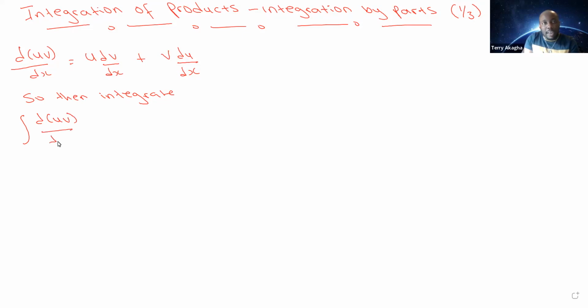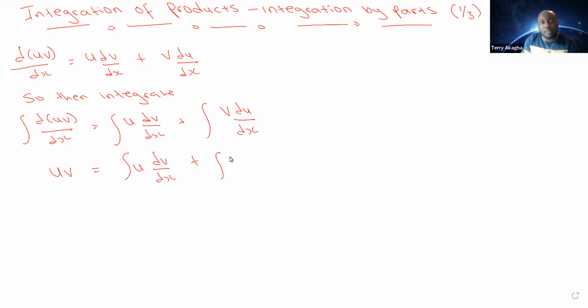We're integrating U dV over dx plus we're integrating V dU over dx. When you integrate this, it's going to give you UV is equal to the integral of U dV over dx plus the integral of V dU over dx.